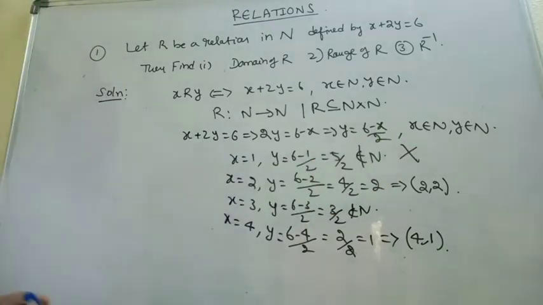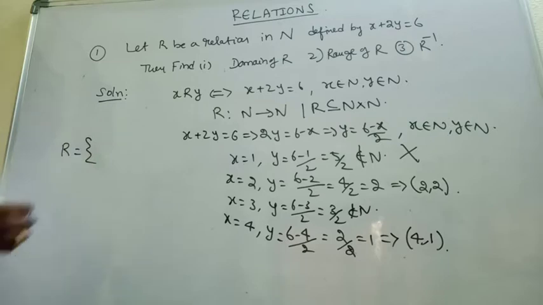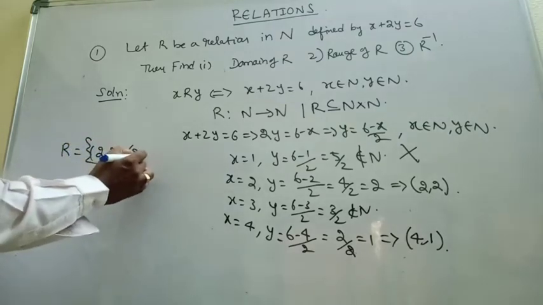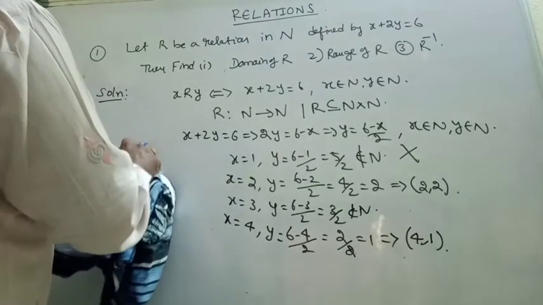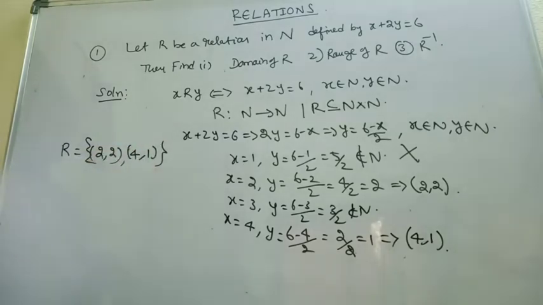Therefore the relation has only two ordered pairs: 2 comma 2 and 4 comma 1. Wonderful. This is the relation we have here.